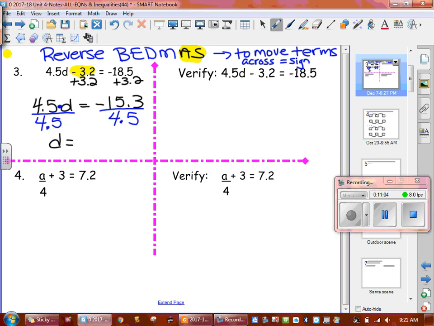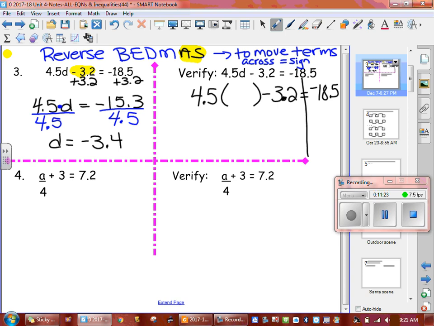And again, now we have to check our solution. So we're going to write our equation, 4.5. We're going to put a bracket where we need to insert our substitution for our variable. We draw a line down the equal sign so that we can make sure and check to see if it is equal. Okay.